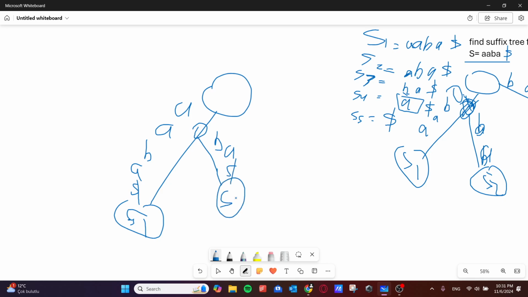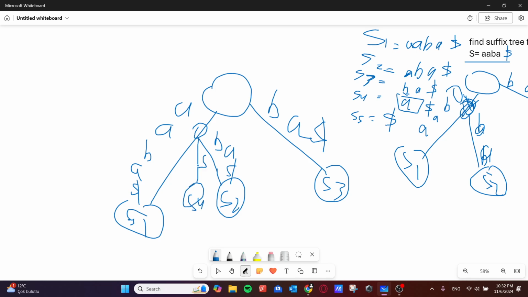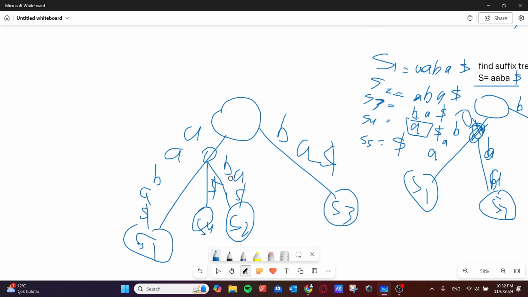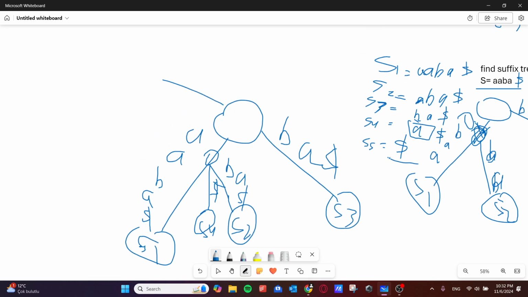This is S2. Here I have S3, which is BA dollar sign. Here I can put S4, sorry, dollar sign. And here I can end it with the dollar sign. S5, dollar sign. Okay, guys?